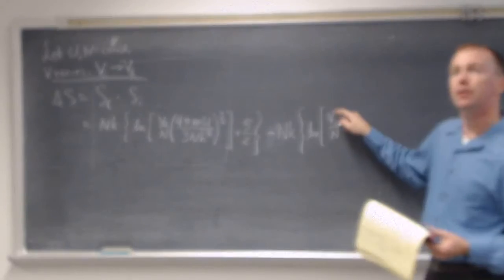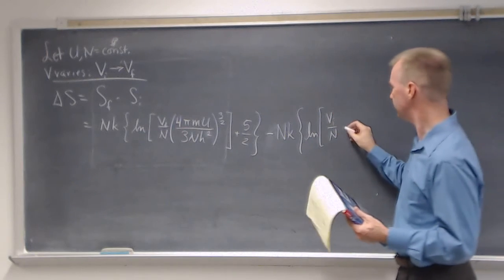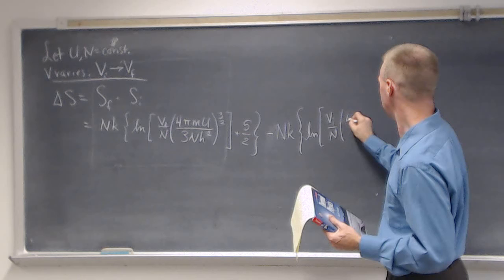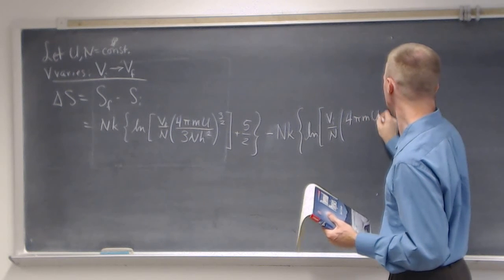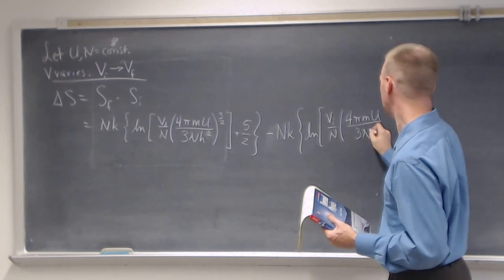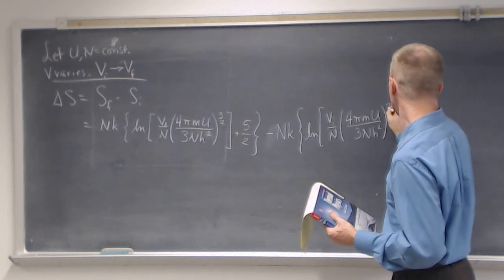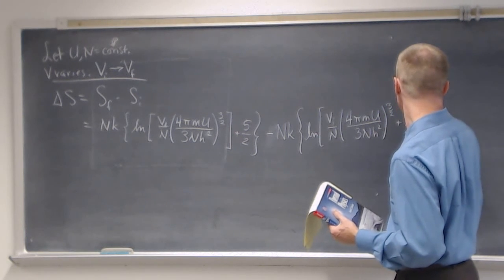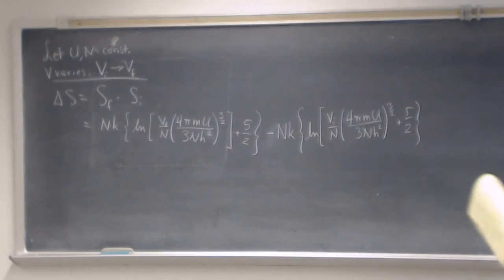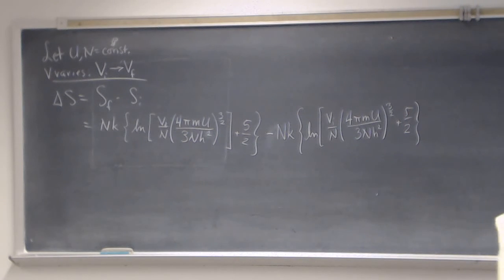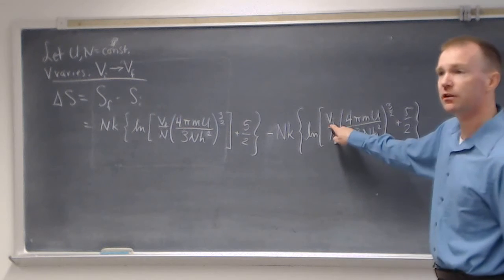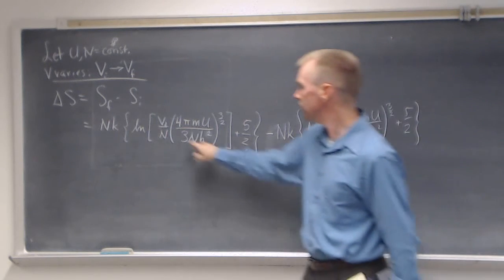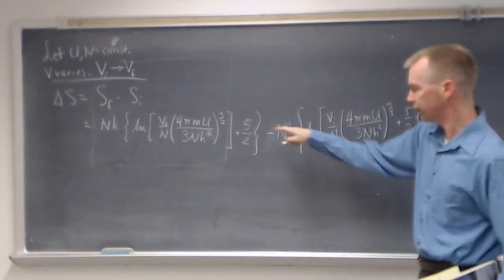Now we've got the initial over N. Okay. The only things different here are the V initial and the V final, and of course the sign between them.